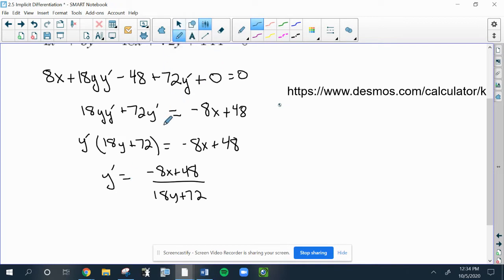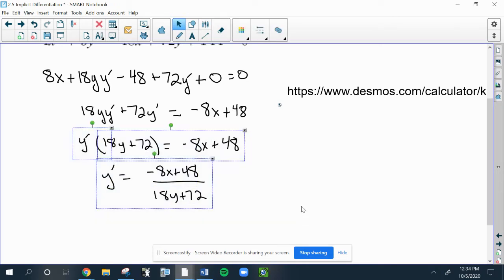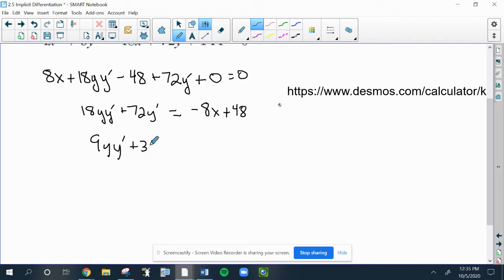However, just before we go any further, I want to show you something at this point right here. It's an equation, so you can do whatever you want to both sides. If you noticed everything was even right now, you could definitely divide both sides by 2, and that would have taken care of a lot of the simplification that you're going to do at the end.